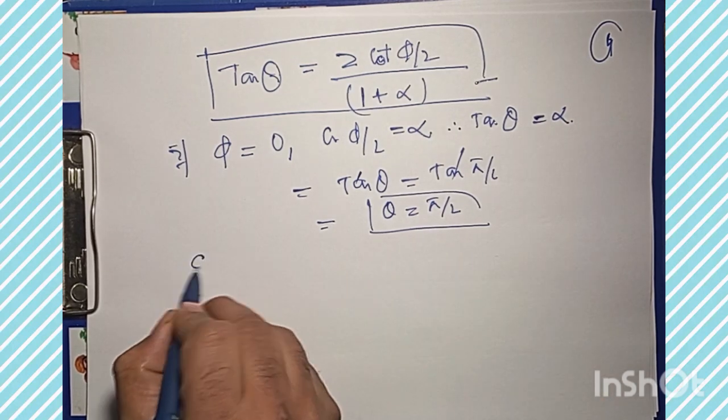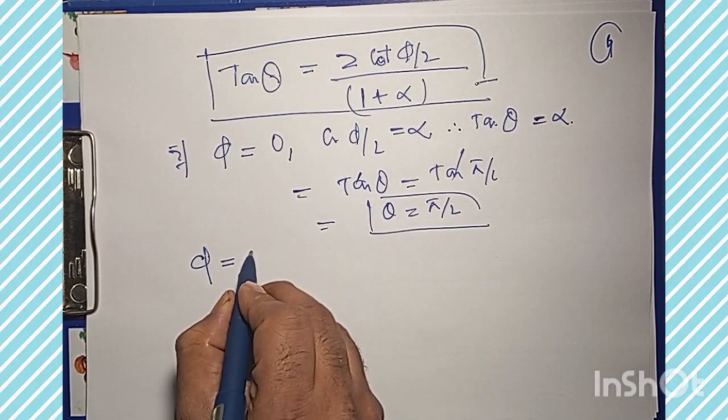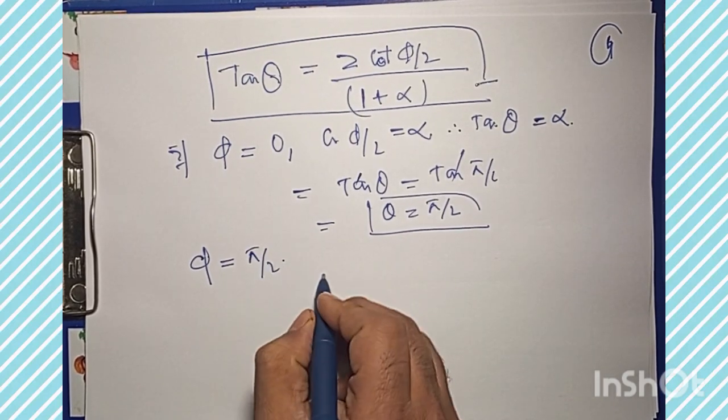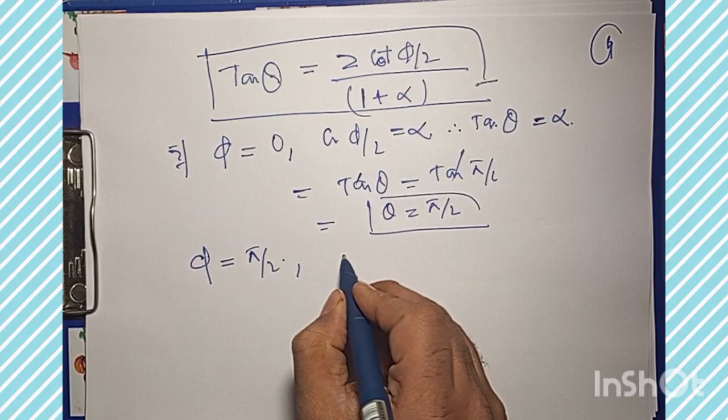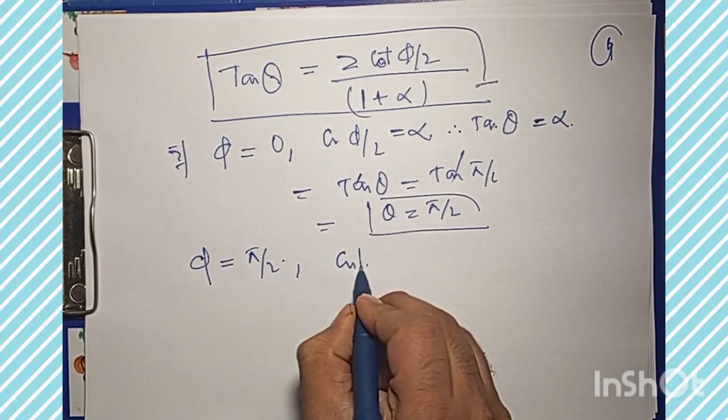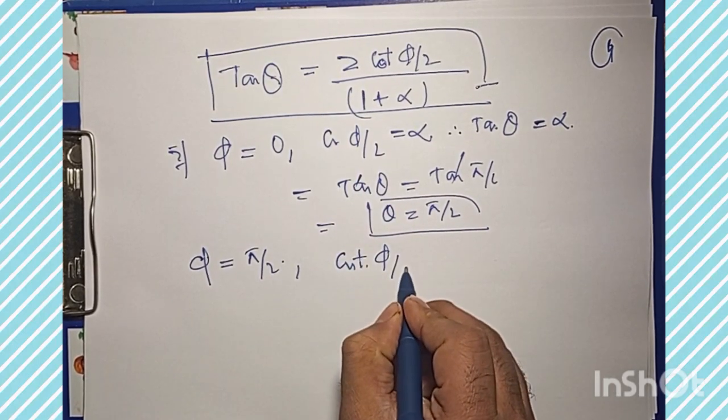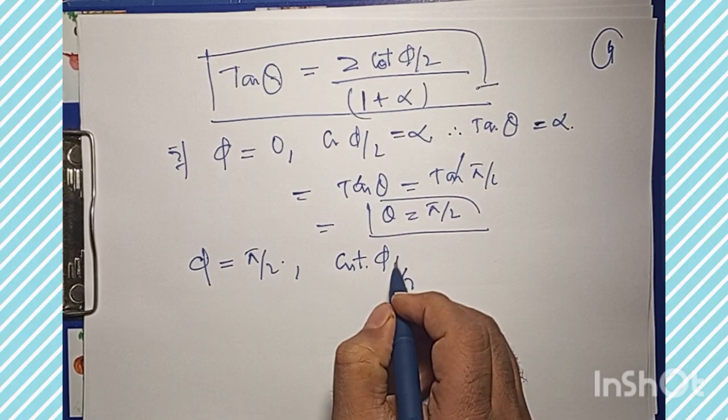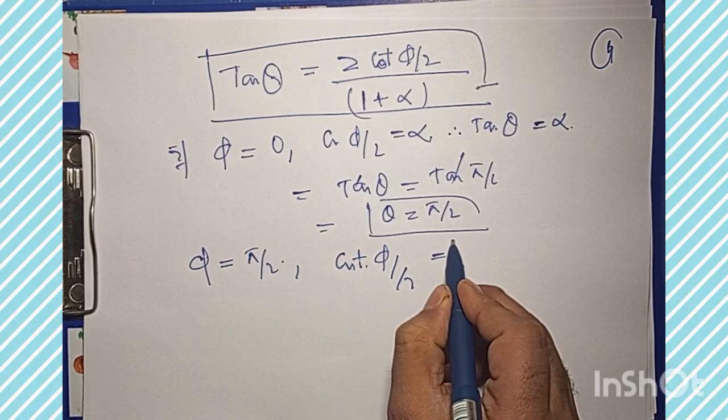Now, if we take another case as phi equal to pi by 2, what will happen in this case is that this cot phi by 2 that we have will be equal to 1.